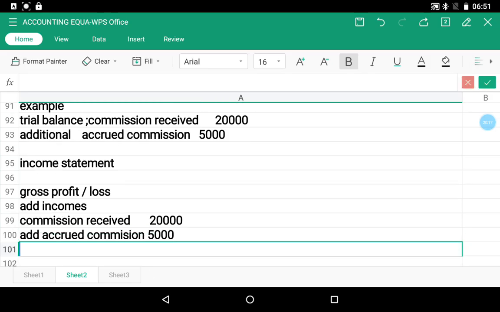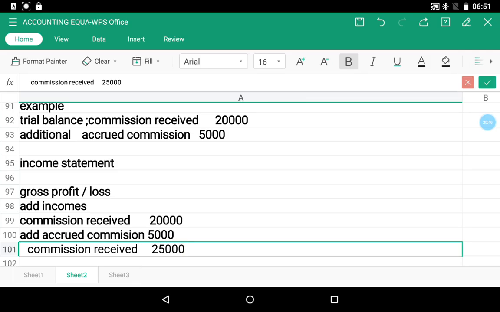That means our total commission received shall be 25,000. So under incomes you add 25,000. That's how it is treated under income statement: increase the value of income.